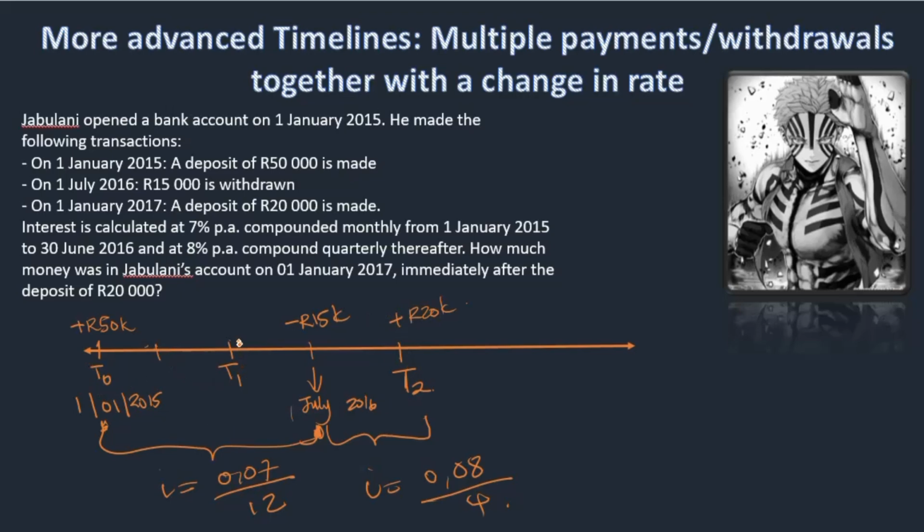So 6 months, 6 months, 1 year, 6 months, 6 months, 2017. Here it's Jan 2017. Okay, I get the gist of it now. How much money will this person have immediately after they deposit 20K?